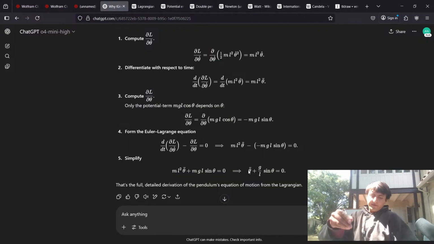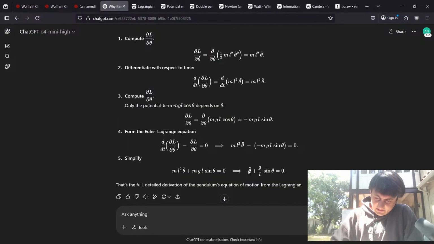So now what we have is x1 is equal to L1 sine theta 1. And actually, let's be more explicit. It's theta 1 of t, because that's the dependent variable.